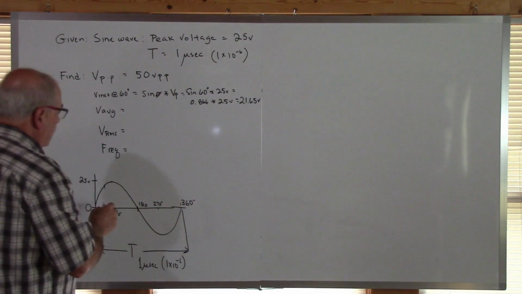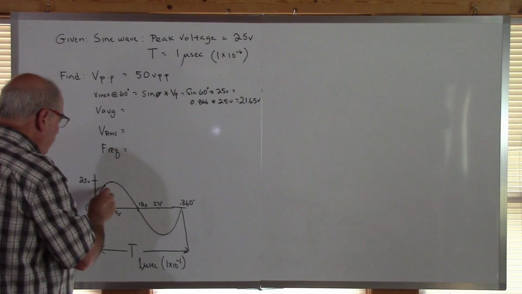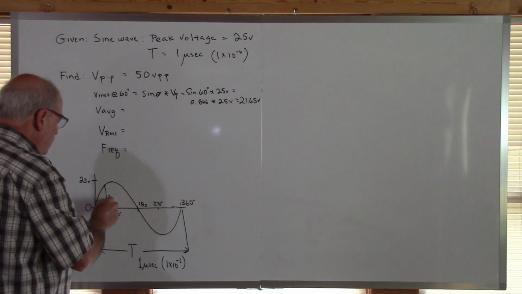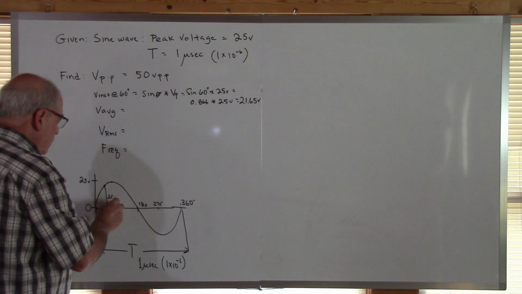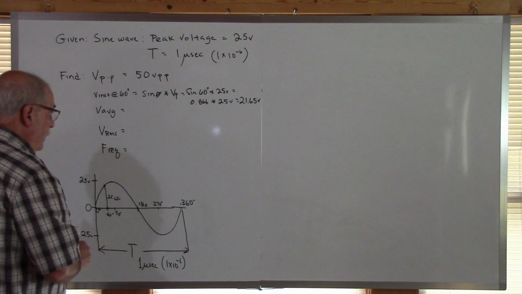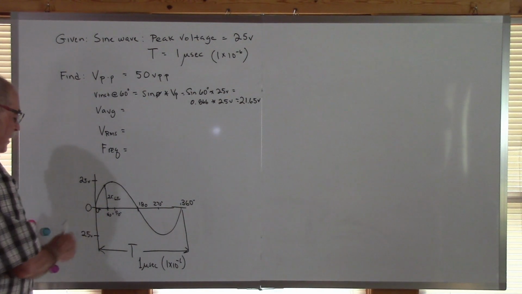That's what this is from here to here. This in here right there is 21.65 volts. That's the instantaneous voltage of this sine wave at 60 degrees.